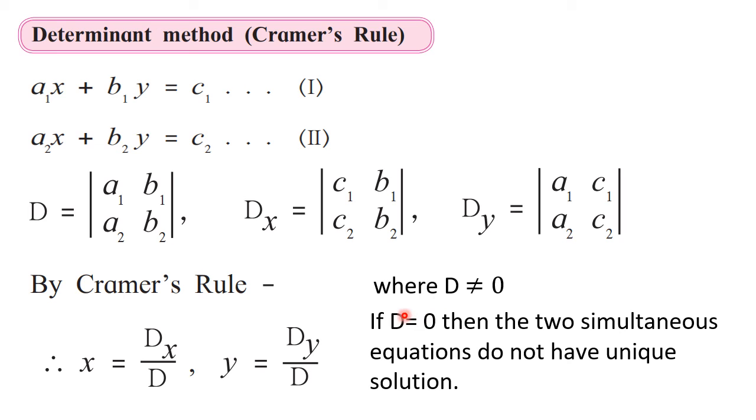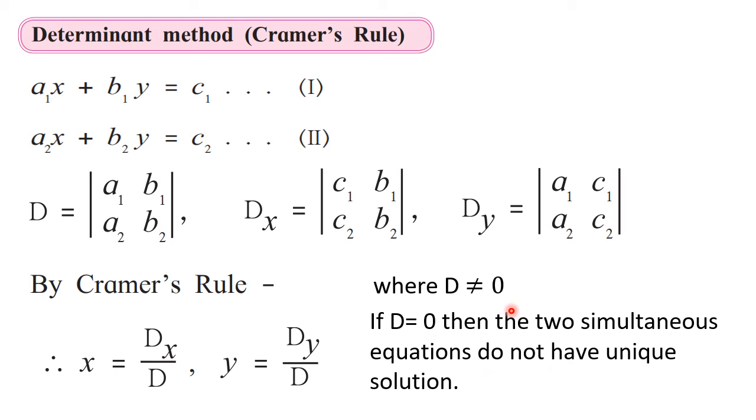Before that, one important thing here: d cannot be 0. You know that when d comes in the denominator, it is meaningless. That is why if d is equal to 0, then the simultaneous equations do not have a unique solution.